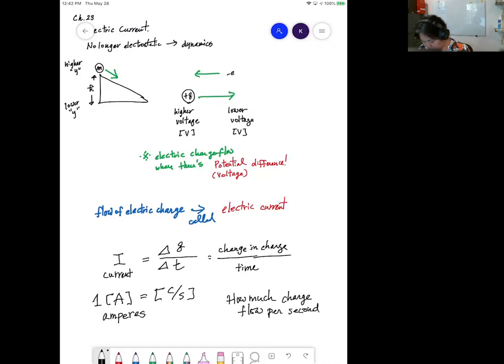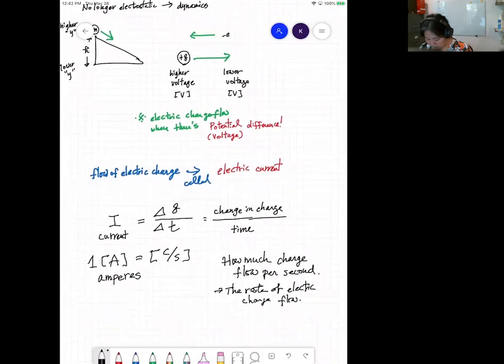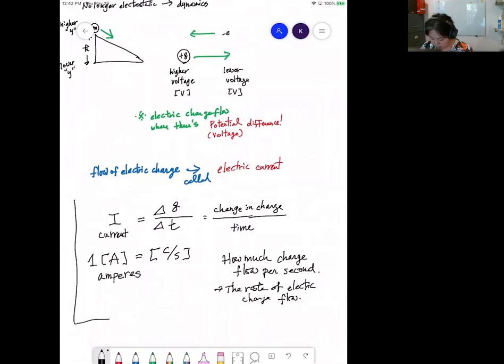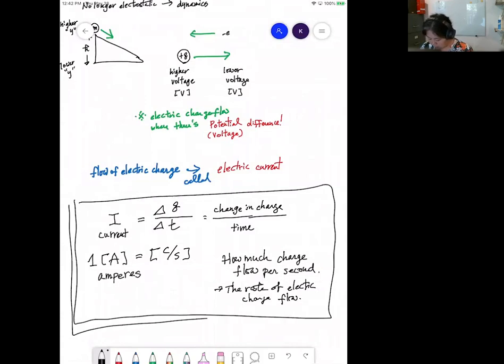It's the rate of the flow of electric charge. So this is how you can find the quantity of electric current, the flow of a charge.